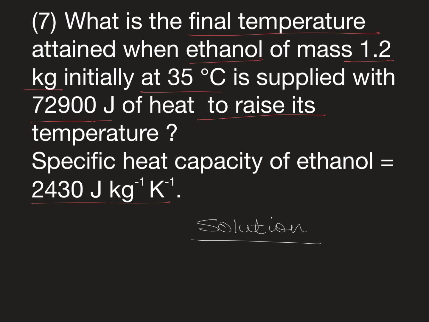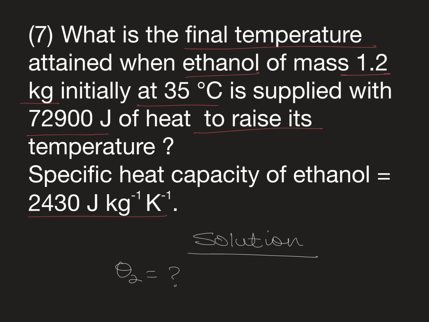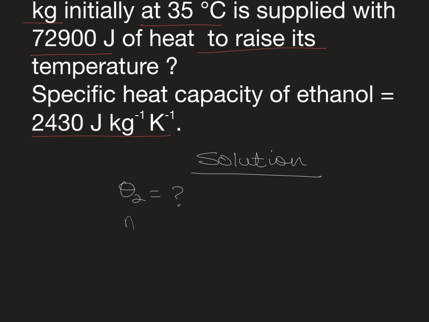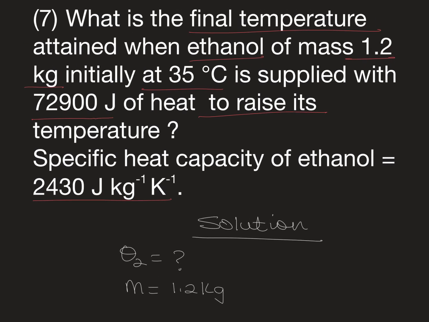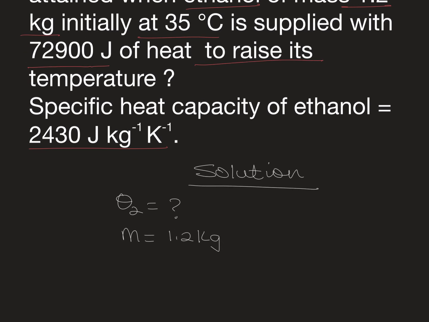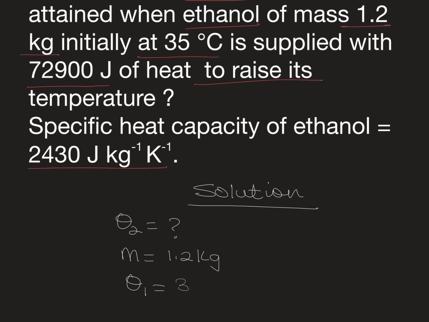We are asked to find the final temperature, that is theta 2. The mass of ethanol is 1.2 kilograms. The initial temperature theta 1 is 35 degrees Celsius.